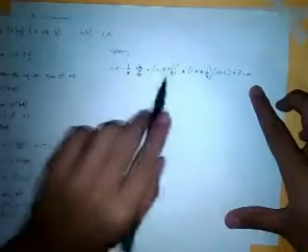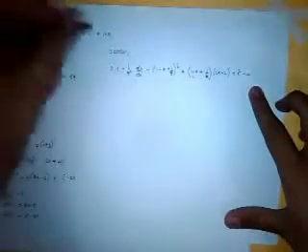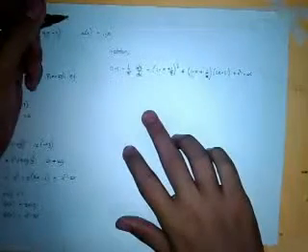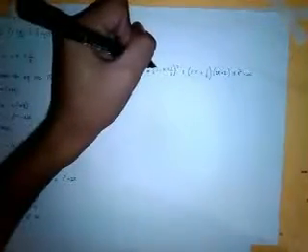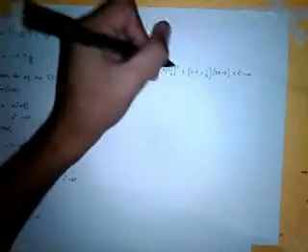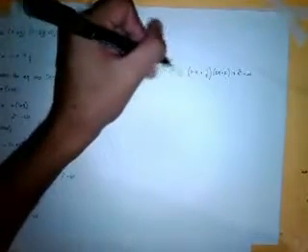So we transpose 1 into here, and then we have to simplify these equations. We let this into one term for us to have the power of 2.